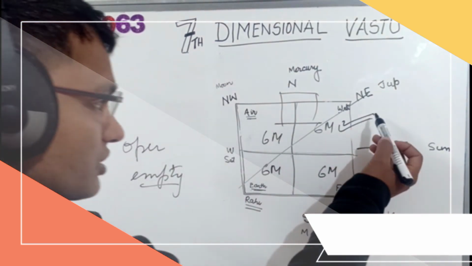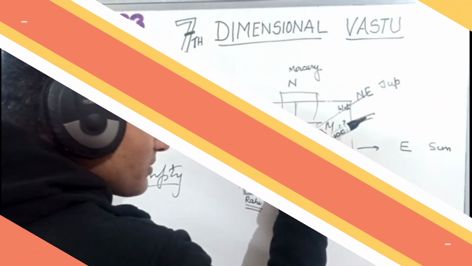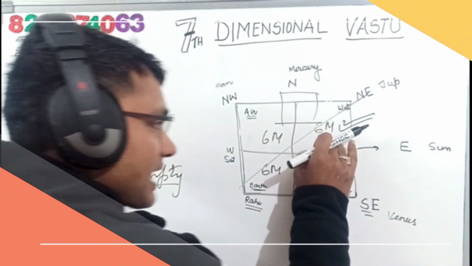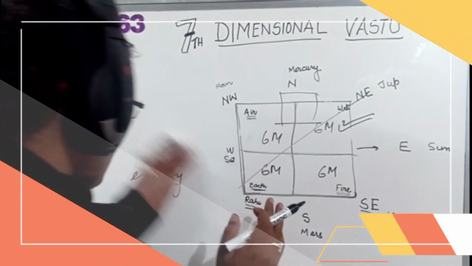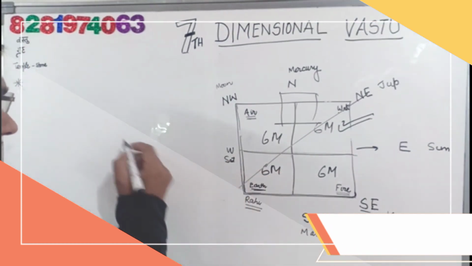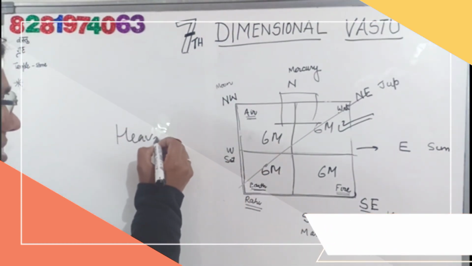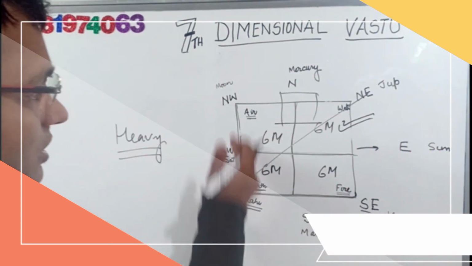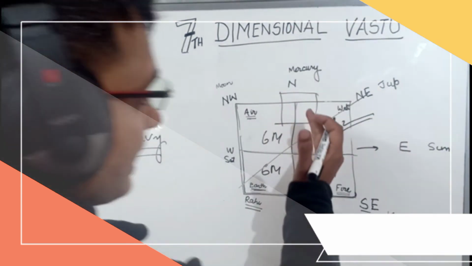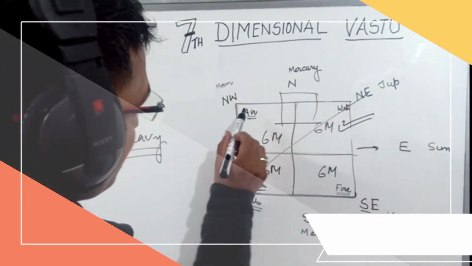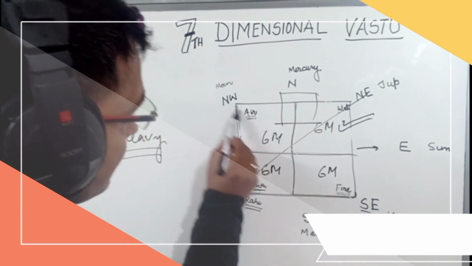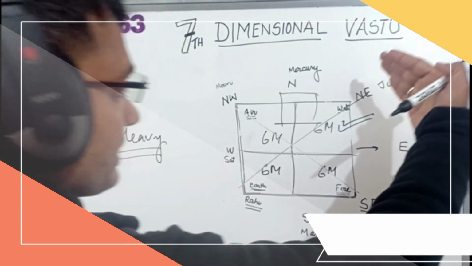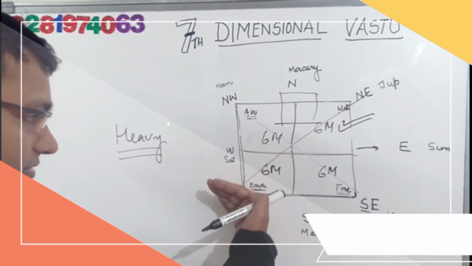Why? Because the source of energy coming to your house is mostly through this angle. Auspicious energy should not be obstructed by the kitchen or by any heavy items. So according to load, according to the heaviness, heavy items should always be on this side, north and east. If you divide like this, here it should be the lighter side and here the heavier side.